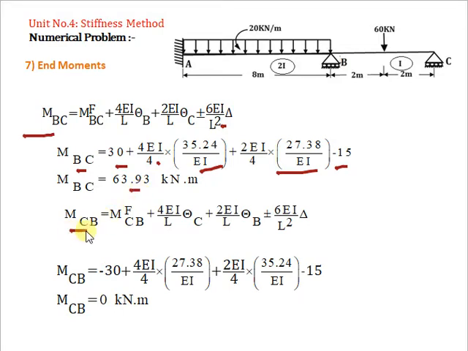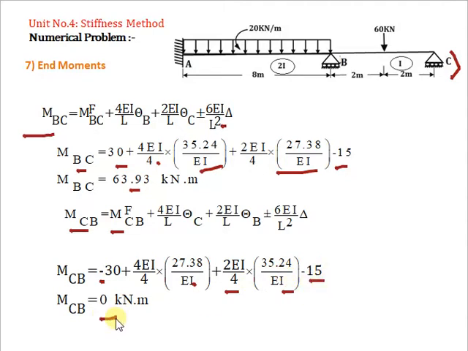Now apply the slope deflection equation for end C. So MCB is equal to MFCB plus 4EI by L into theta C plus 2EI by L into theta B plus minus 6EI by L square into delta. So putting the values, MCB is equal to minus 30 plus 4EI by 4 into 27.38 by EI plus 2EI by 4 into 35.24 by EI minus 15.